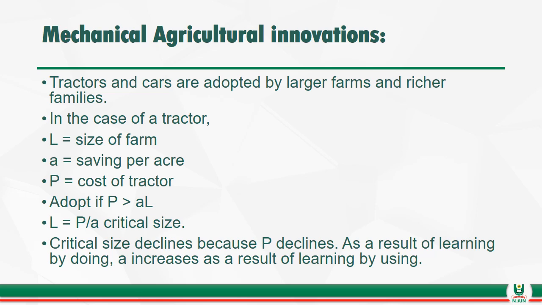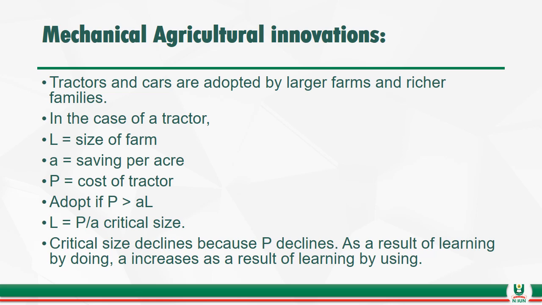And we'll adopt the innovation of using a tractor if P is less than A times L. That is to say, the cost of tractor P is weighed against saving per acre times size of farm, where L, size of farm, is a function of P, cost of tractor, over A, saving per acre.